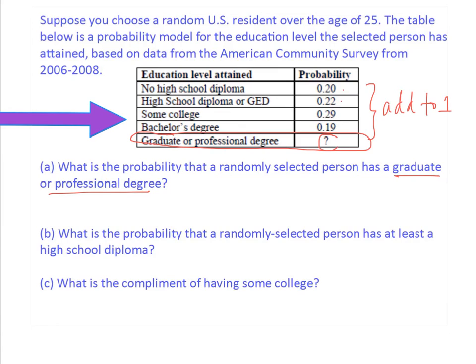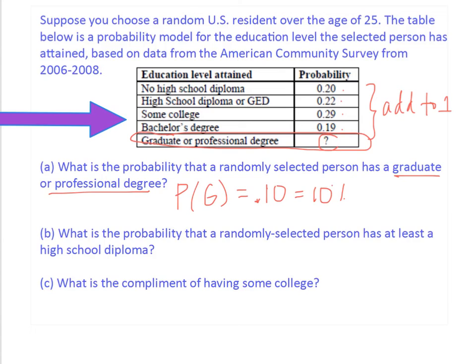So if I add these first 4 up, I'm at 0.9. Well, to make it add to 1, the probability that the person has a graduate degree, we'll notate that as G, the probability of G is 0.10 or 10%. When I add up the others, they add up to 0.9, which means this one has to be 0.1 or 10%. So that's using one of my probability rules.